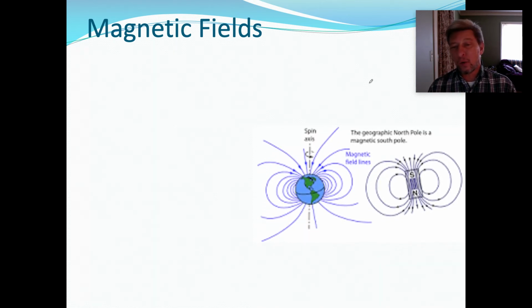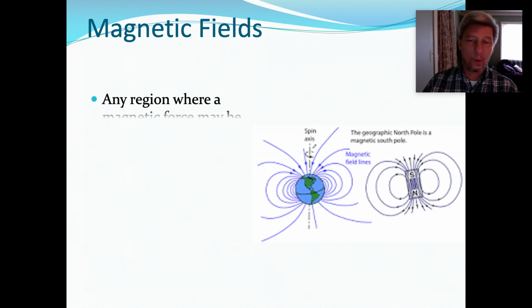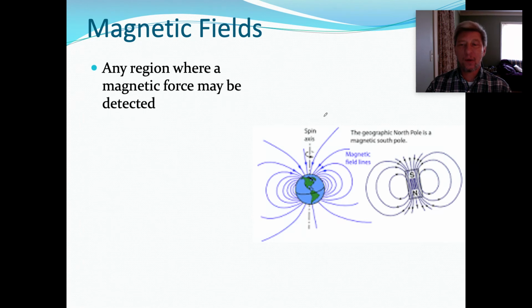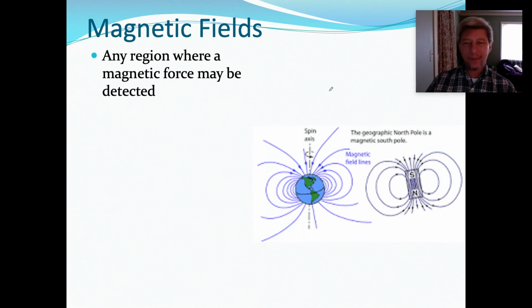This one is kind of cool because it shows not only the bar magnet on the right-hand side, but it also shows that the Earth is actually a magnet as well. It's got a North Pole and a South Pole here. I know that the image is a little bit blurry. I don't know why that is, but I couldn't get it to be any clearer.